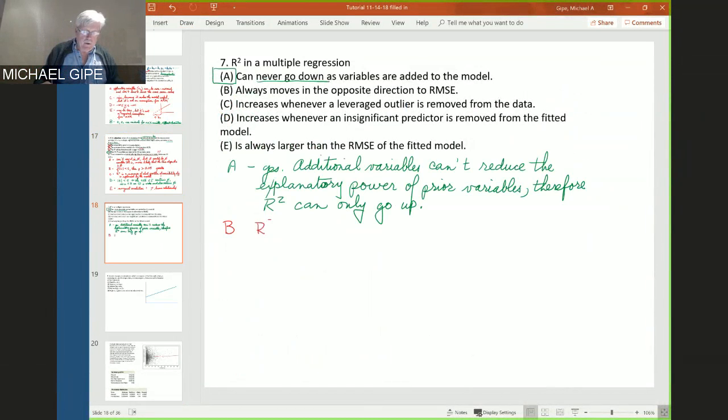Remember, R squared equals 1 minus RMSE squared over the standard deviation of Y squared, or the variance of Y. But a key thing to remember is that RMSE does not have to decrease when we add a variable.